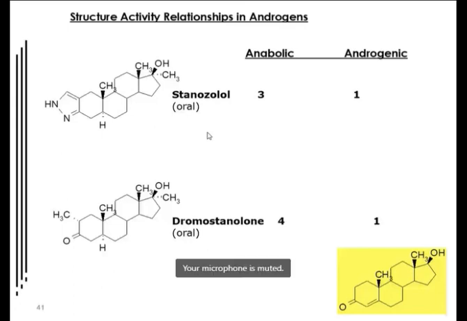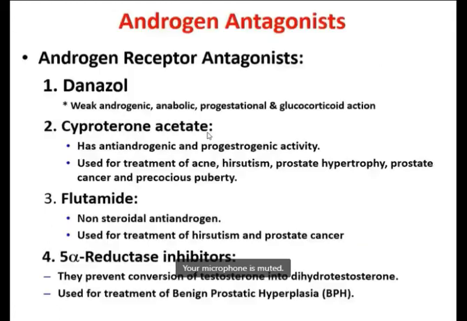There are androgen antagonists also. This is danazol, a very common drug. It has weak androgenic and anabolic, progesterone, and glucocorticoid action.